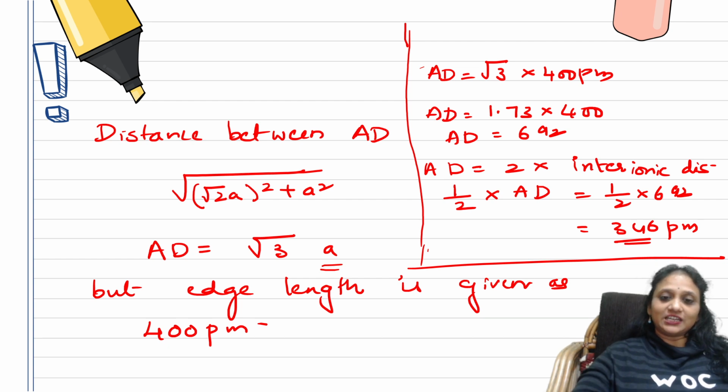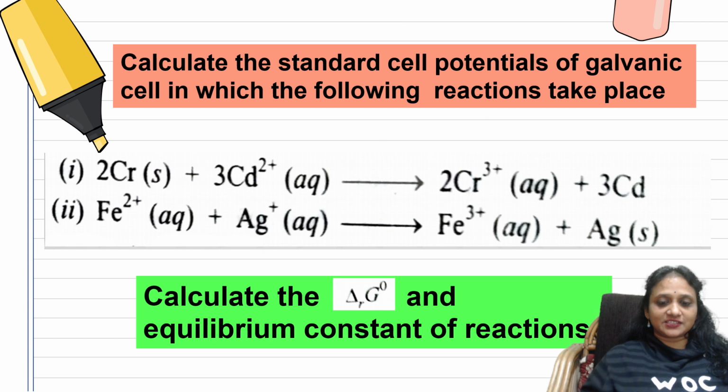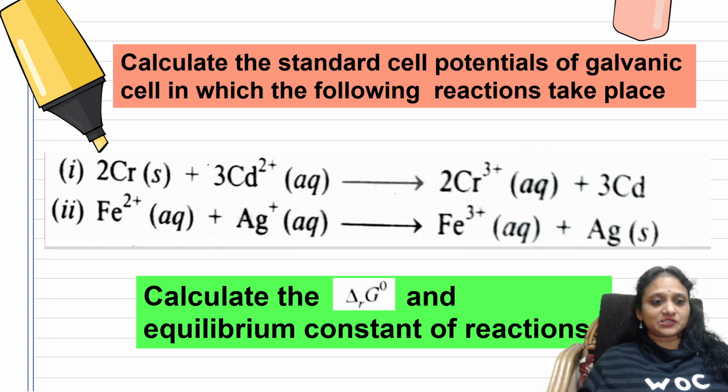Okay. Let us see the next question and understand. This is from your electrochemistry. What do they give? Calculate the standard cell potentials of the galvanic cell in which the following reactions take place. They have given the cell reactions here. And one more task is to calculate the delta G naught value and equilibrium constant of the reaction.